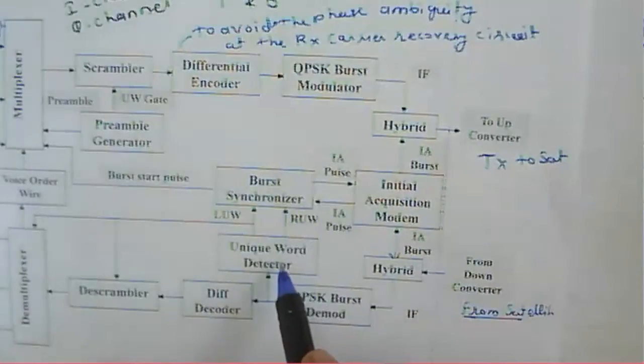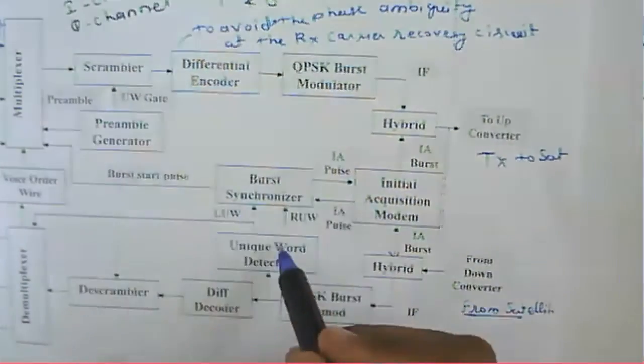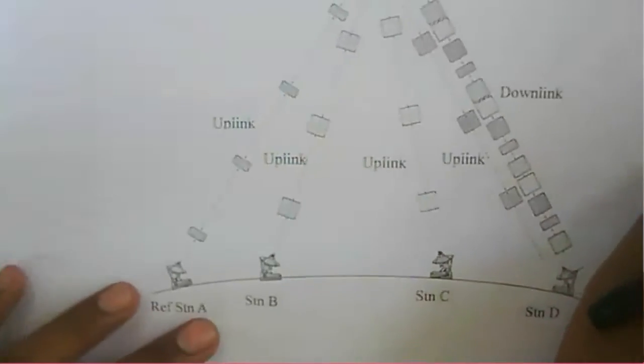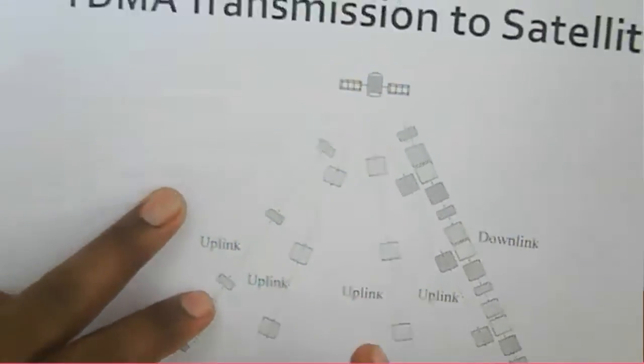Here is the unique word generator, which is about the same as for the multiplexer or demultiplexer. But you can consider here the TDMA burst synchronization. So now, how is your data to be transmitted?